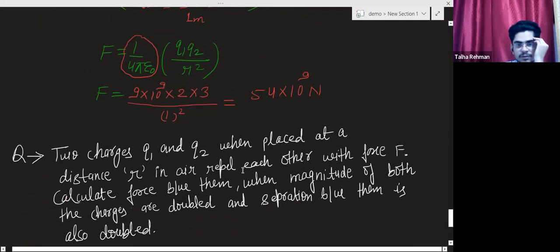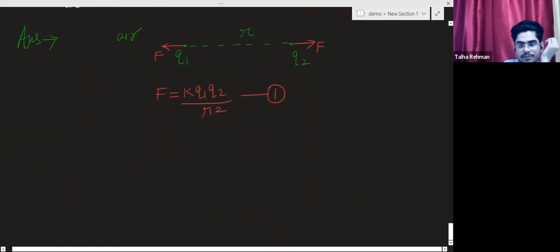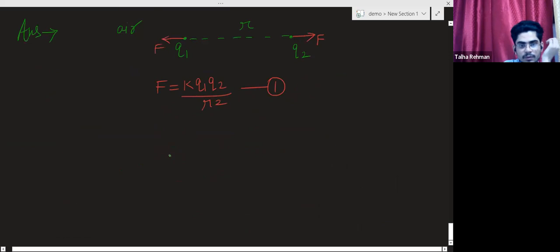Now what happened? Read the question further. Calculate the force between them when the magnitude of both the charges are doubled. Magnitude of both the charges doubled means this is q1 and this is q2, and magnitude double means multiplied by 2, both the charges.